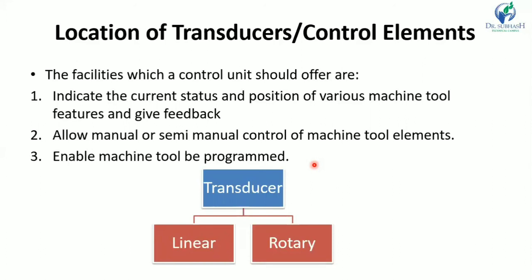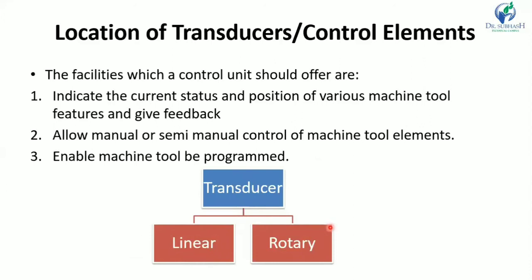To monitor the position of the slides, two types of transducers are used: the linear transducer and the rotary transducer. The linear transducer should be positioned near the sliding surface and lead screw, and in an accessible position for maintenance purposes.